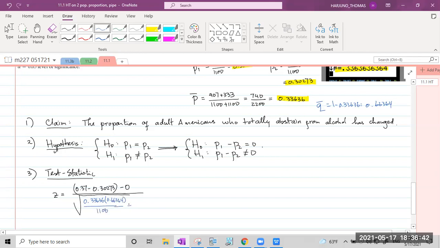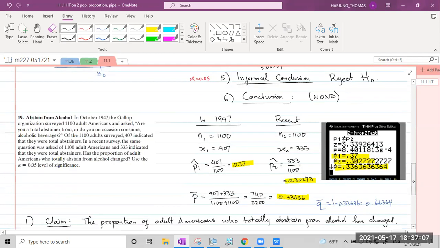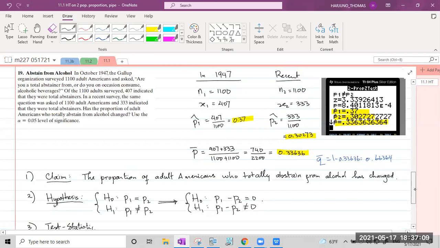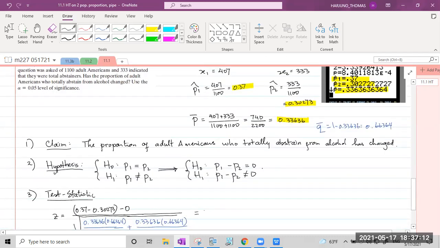That's for N1, plus for N2, 0.33636 times 0.66364 over 1100. What is my Z-score? Then you cheat from here. 3.33926. 3.33926 from here.